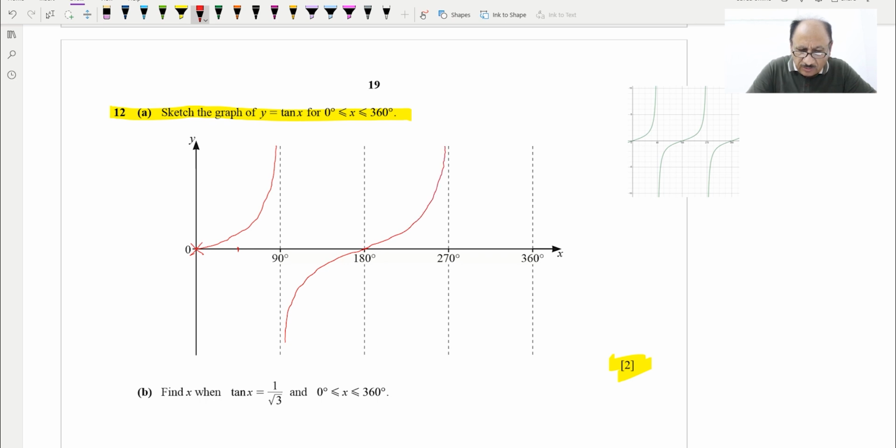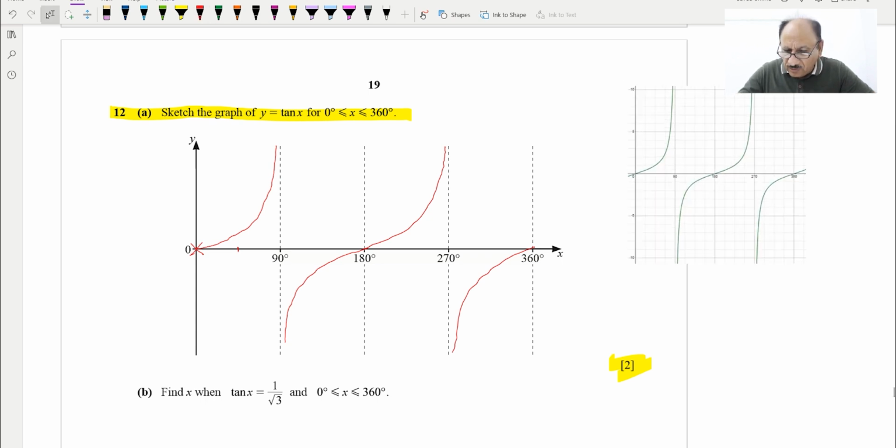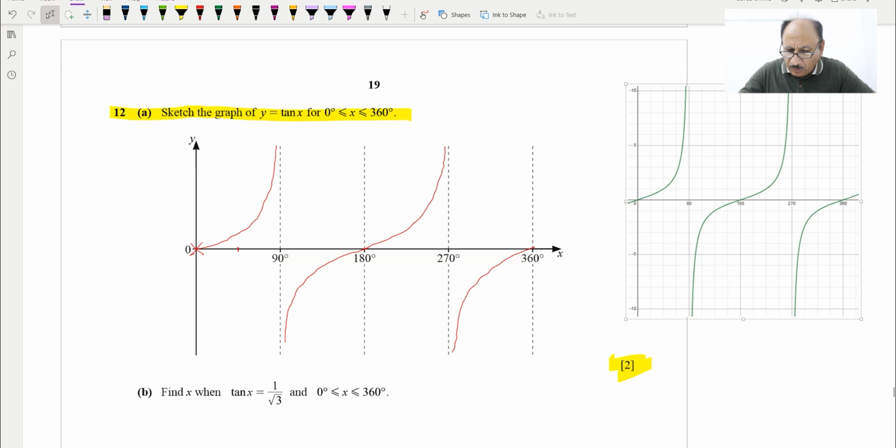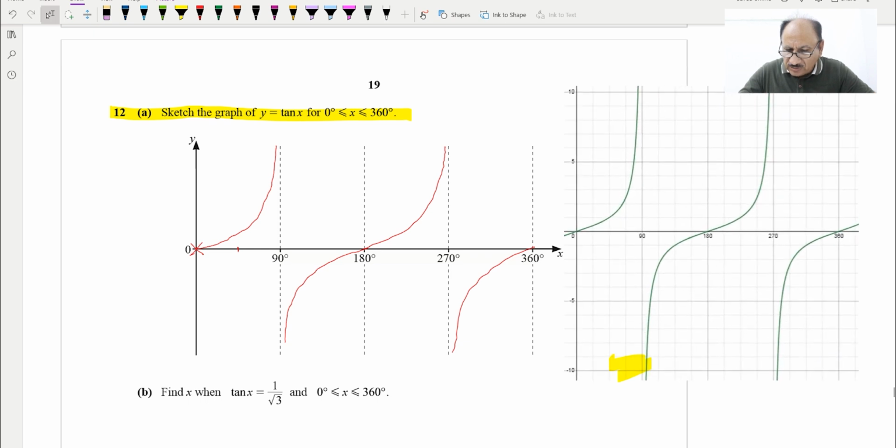Again, you will be getting an asymptote at 270. So this is how you will be getting a graph like this one. If you use some software on the net, you will get this proper graph, and you can see this is the same graph as we have sketched.